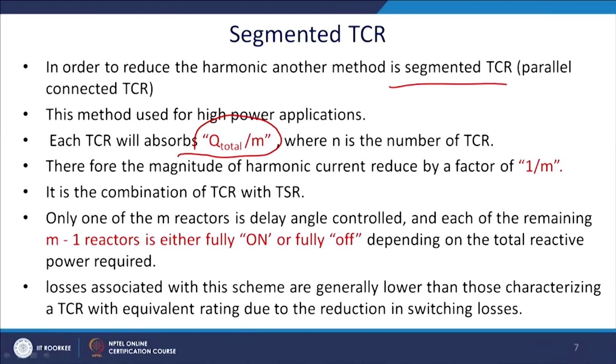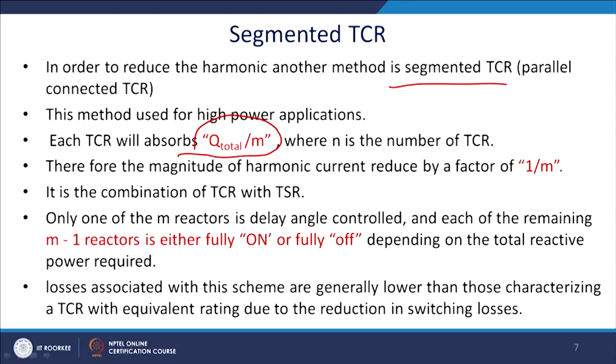Thus, it definitely makes sense to use the segmented TCR, and each will absorb some amount of the reactive power. So, each TCR will absorb reactive power equal to the total power divided by M. So, the total power will be Q total and one component will have Q total by M.